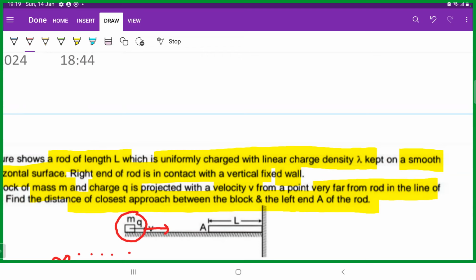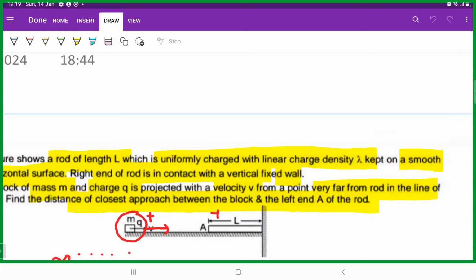Both of them have positive charge, and positive charges repel each other, so do negative charges. As these two bodies repel, the speed of this small block goes on reducing till the point it becomes zero. That is the distance of closest approach.